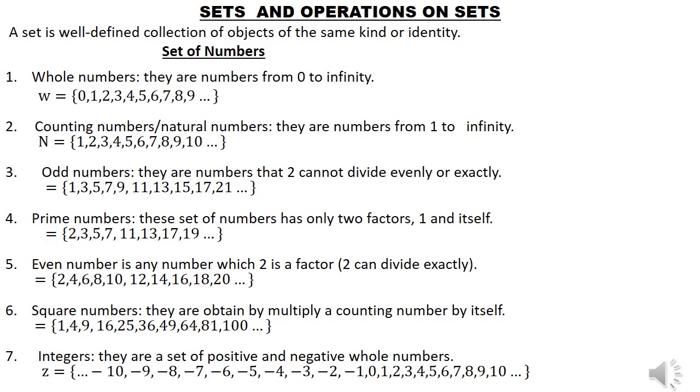In this set, we have 2, and 2 is the only even number which is at the same time a prime number. So we call 2 the even prime. The set of prime numbers includes 2, 3, 5, 7, 11, 13, 17, 19, and so on up to infinity.